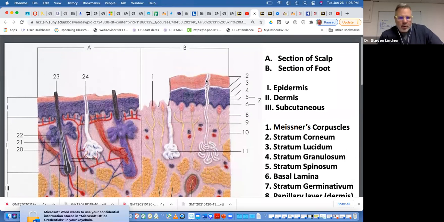And they're all important. But the ones that you can really see and the ones that are super important is this layer number 2, which is made up of many, many layers of epithelium. It's a type of epithelium. And these many layers are called stratum corneum. These are dead cells.